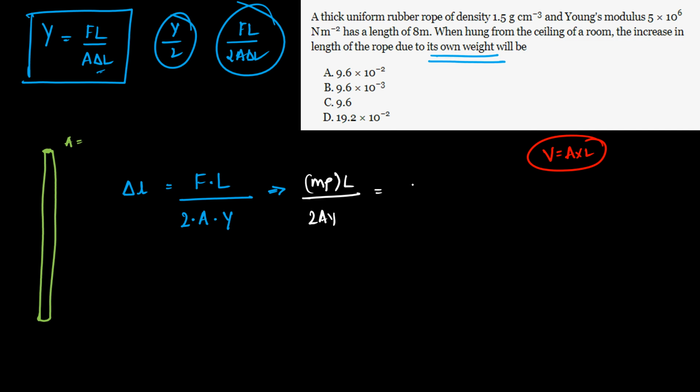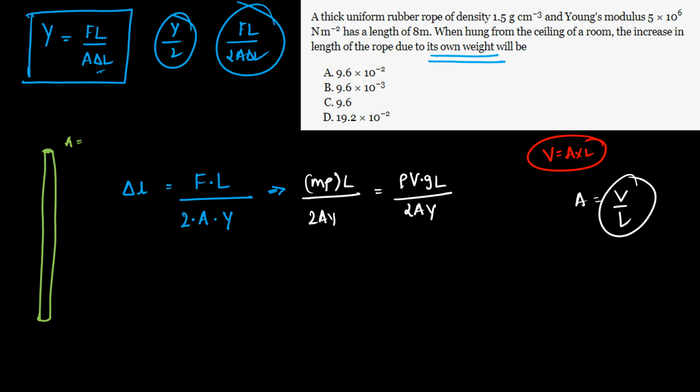Now again, this can be written as rho multiplied by Vg, because V is going to be the volume, and here it is going to be your L, and here I can write 2AY. Now I can cancel your A, because A is V divided by L.